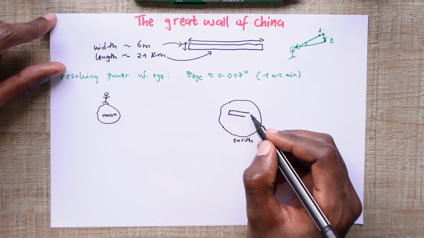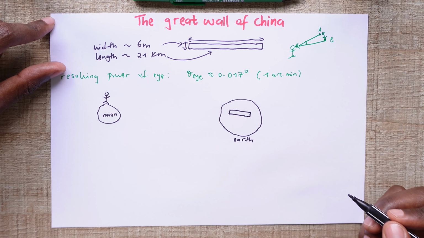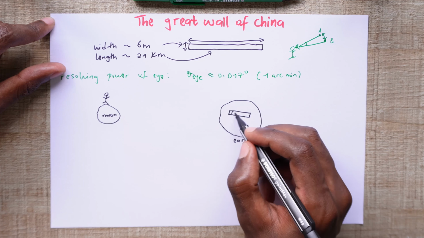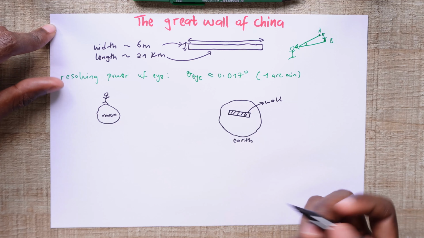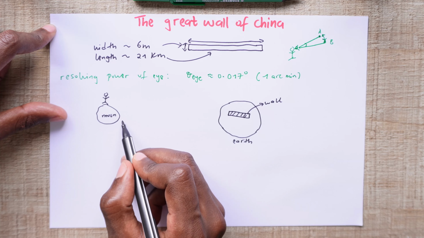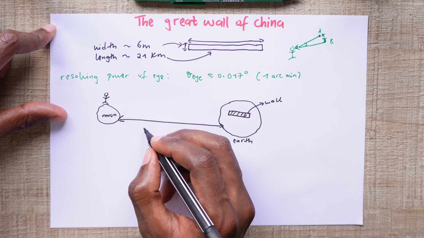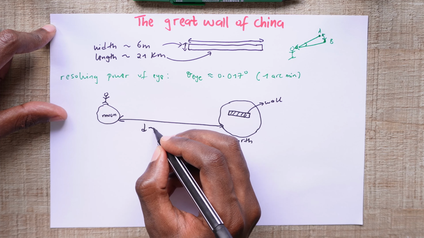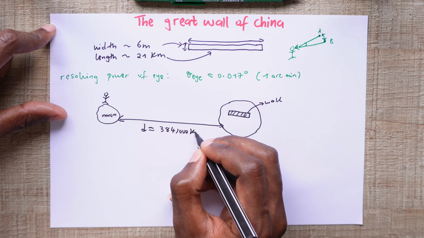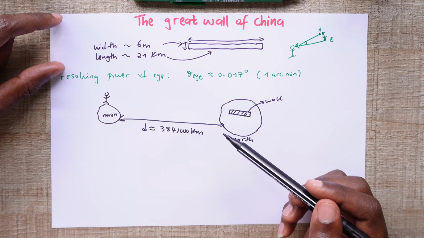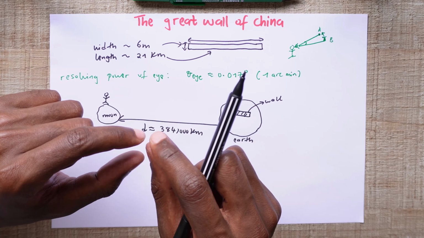Well, we are supposedly looking at the Great Wall and see if we can identify it. So let's say this is the wall, okay? So the distance between the earth and the moon, let's call that D, is around 384,000 kilometers.